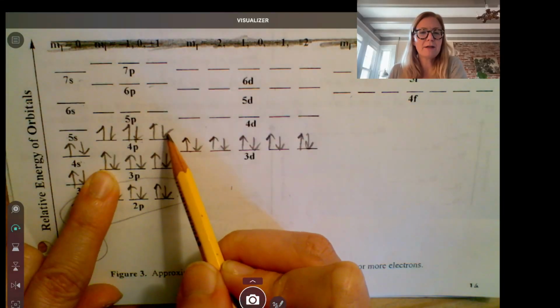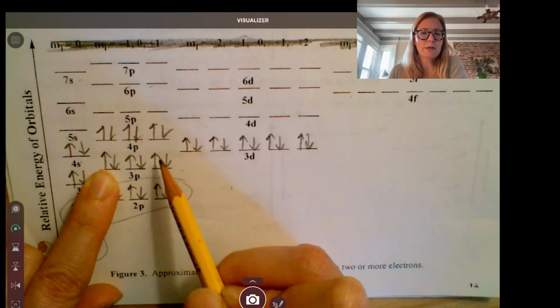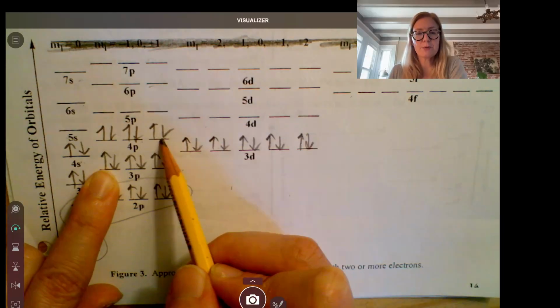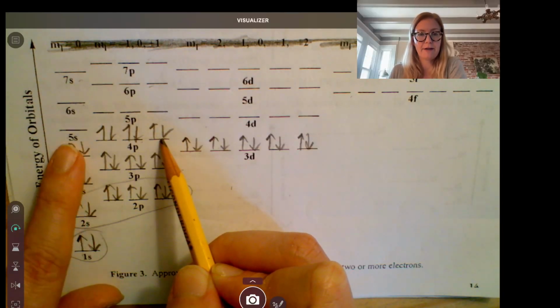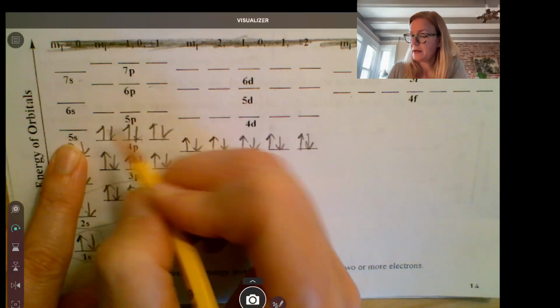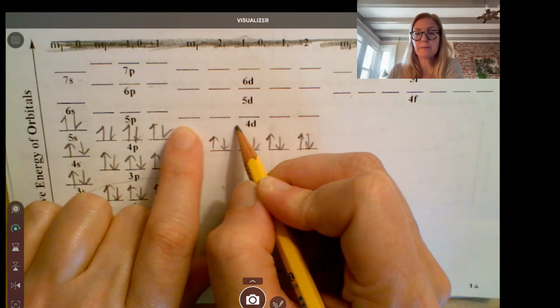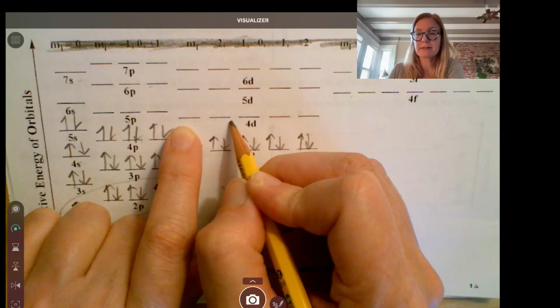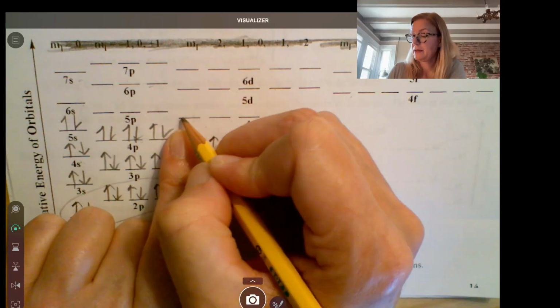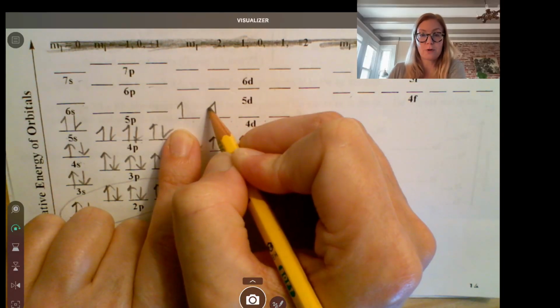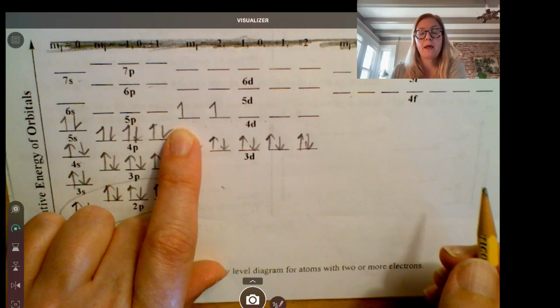You can just do a half arrow instead of the whole arrow, it's quicker to draw, okay? So we're at 36, okay? 5s is the next lowest down, 37, 38, and then we move on to 4d. Remember, you've got to put 1 in each box, in each orbital before you double up. So you got 39 and 40, and you're done, okay?